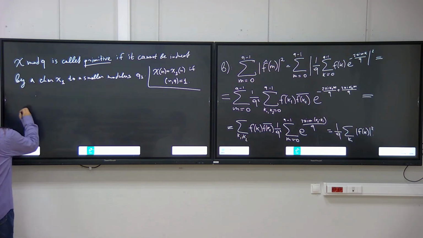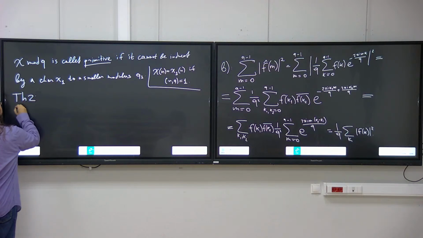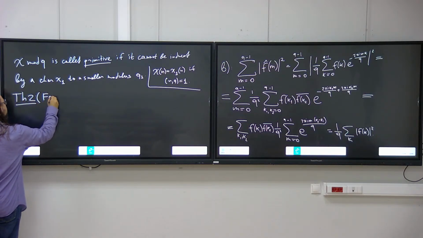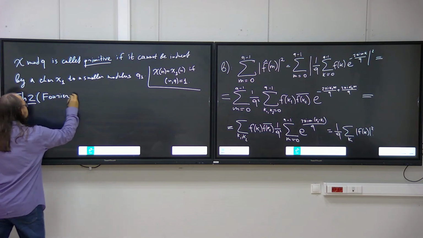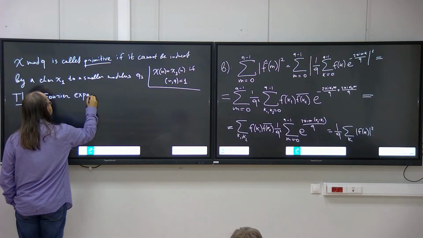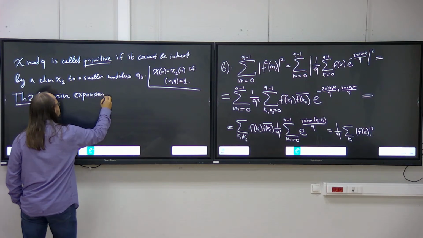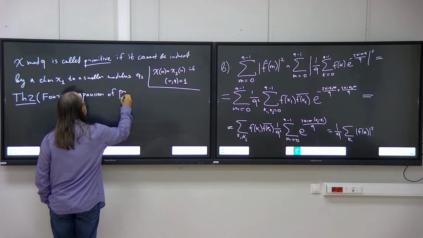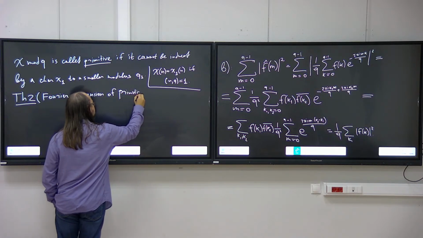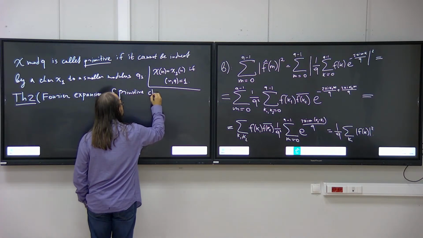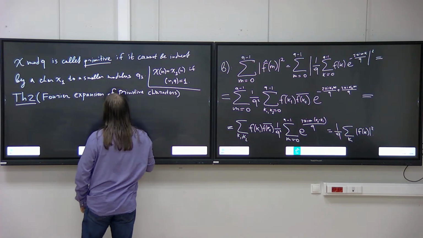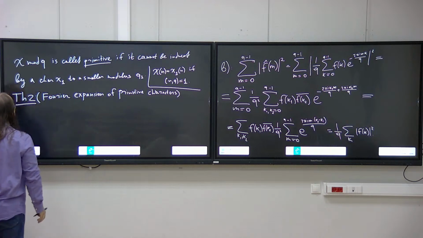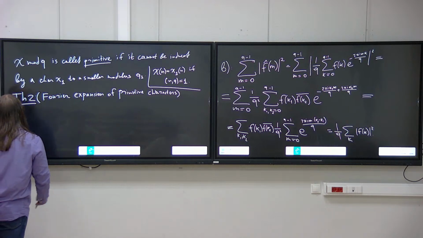Okay, so now we are going to establish the second theorem, Fourier expansion of primitive characters. So let me write this as follows.